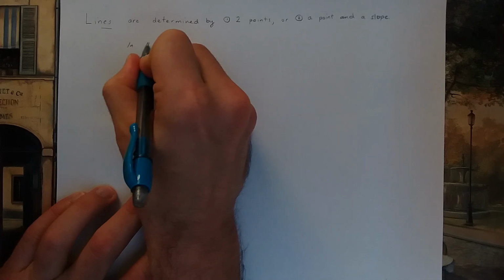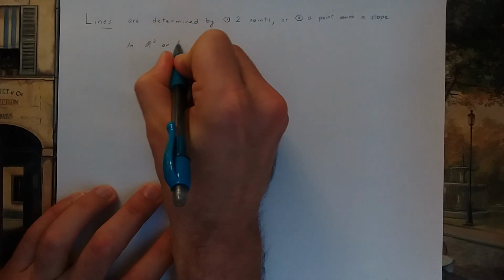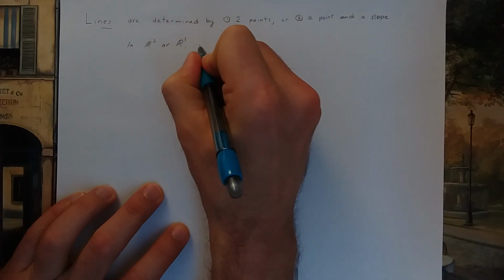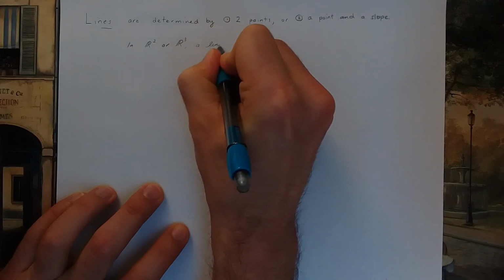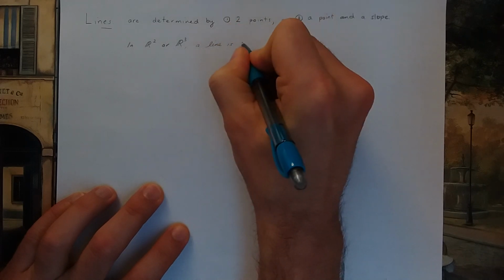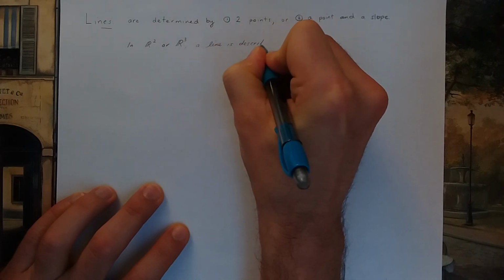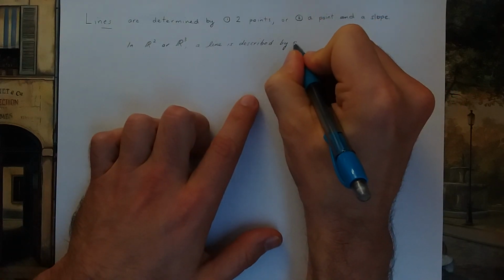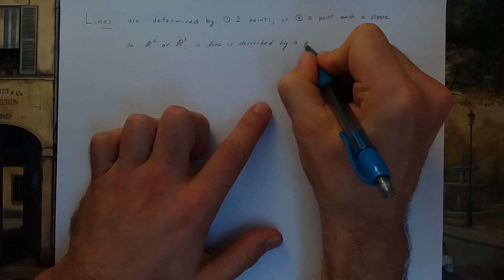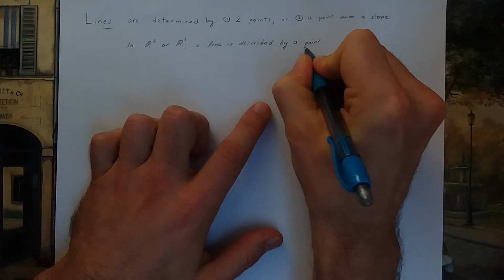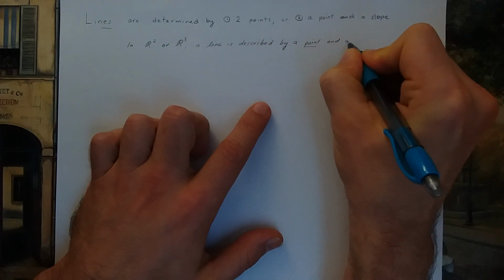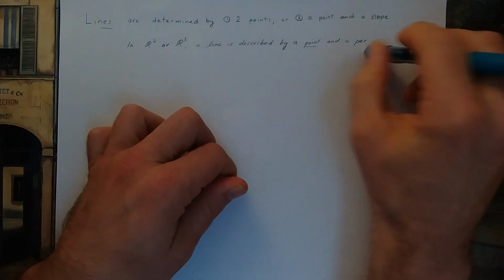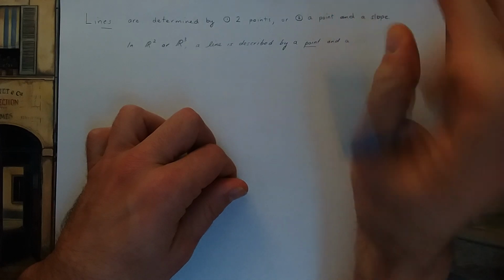Well, if I'm in R2 or even R3 or beyond, I could describe a line by giving two things: a point on the line and a parallel vector to the line.